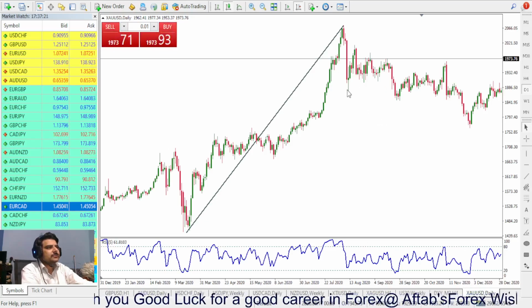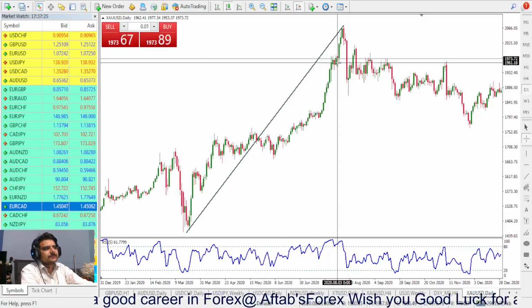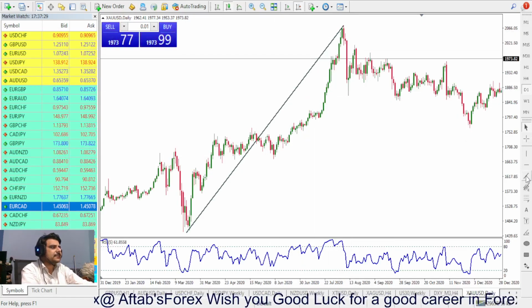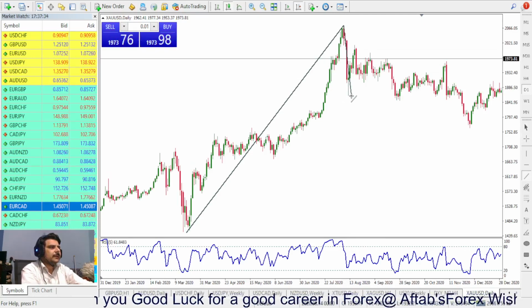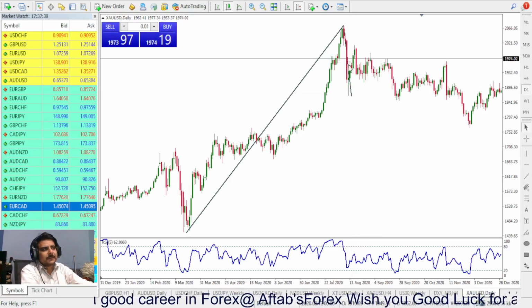So obviously it is one point of concern for these bulls. But anyways, let's see when the bears got complete control of the market, what they did.